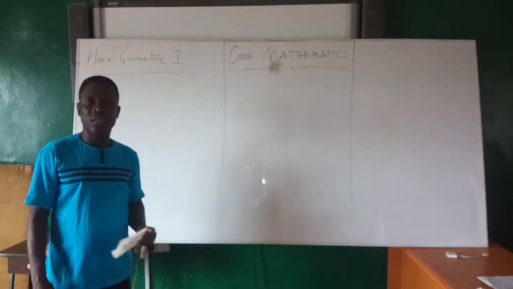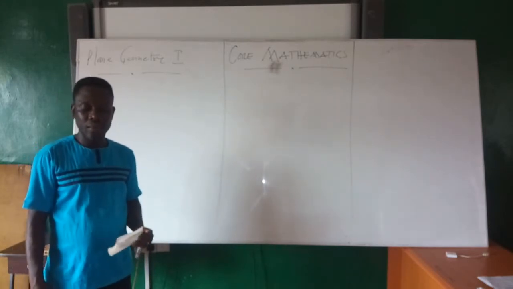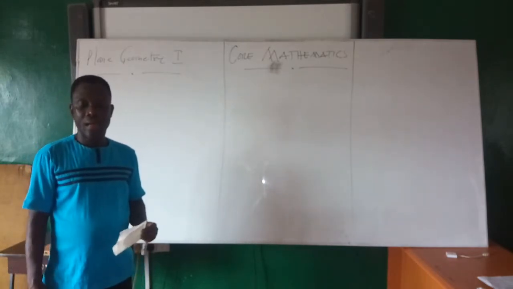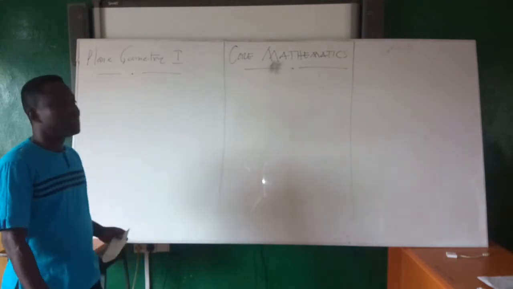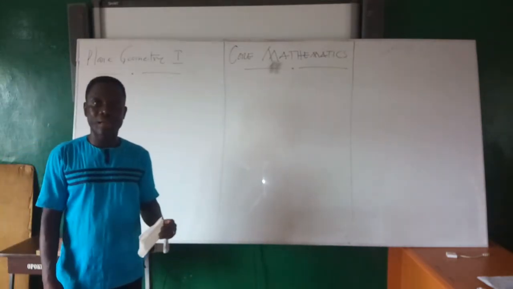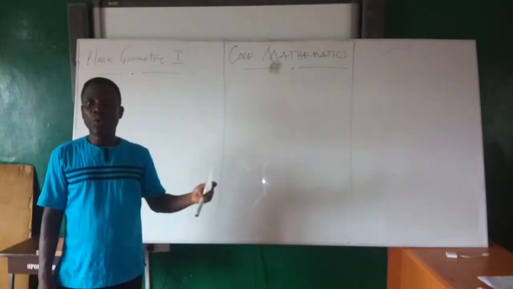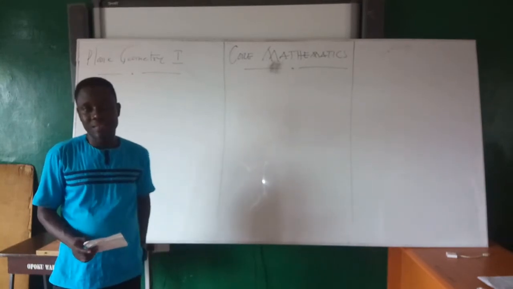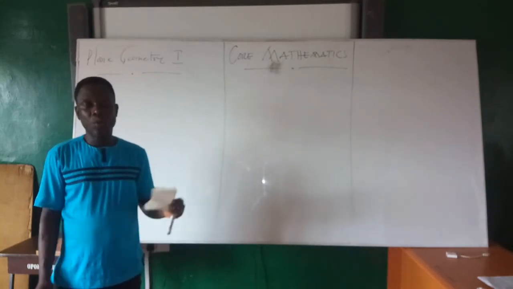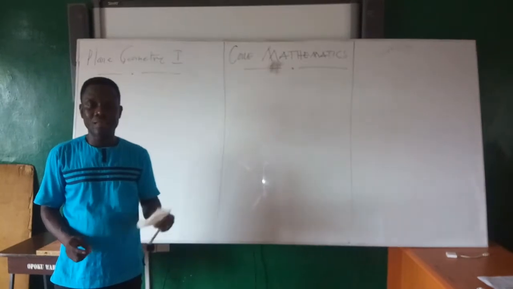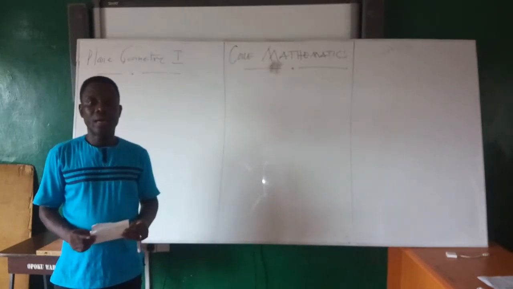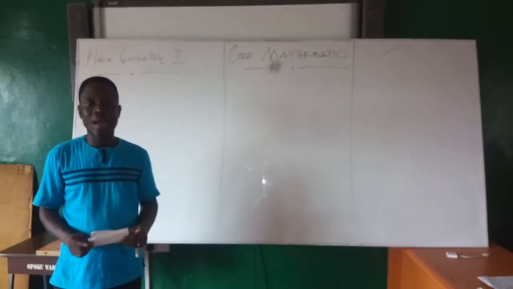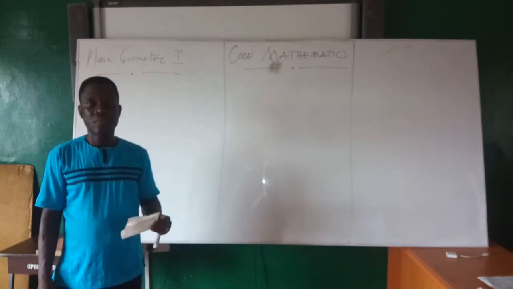Our topic for today is plane geometry 1, and specifically I'm looking at the angle properties of a triangle. If you've been following my lessons, I've been looking at plane geometry 1. This is my third week. I started with angle properties of straight lines.